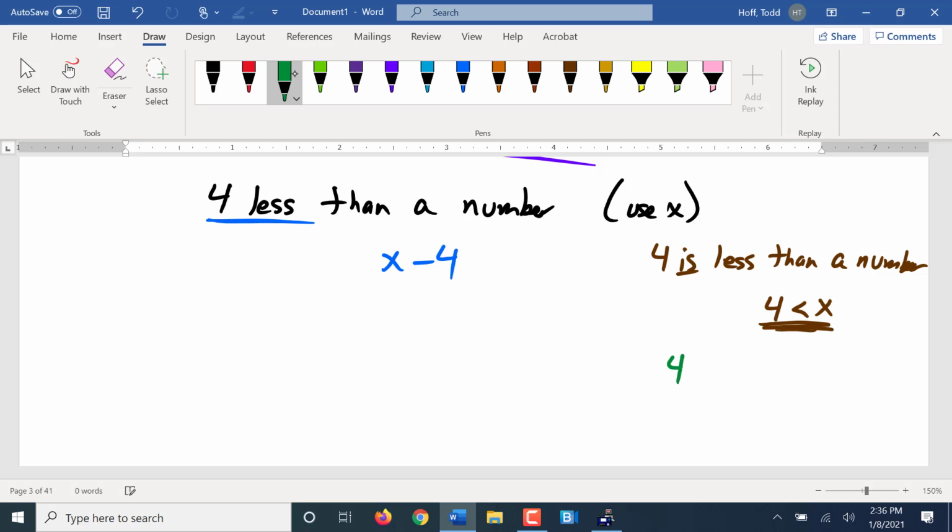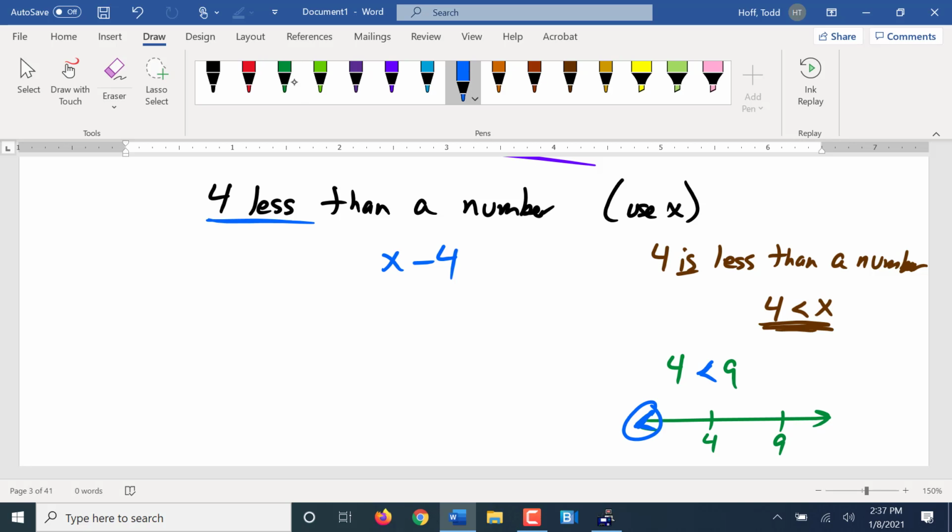Like if I asked you to compare 4 and 9, how do you remember what symbol that is? Well, yeah, the alligator eats the bigger number. Kind of. What it's really asking you to do is compare 4 and 9 on the number line. What side is the 4 on? It's on that side. Notice that's just the arrowhead from the less than symbol, just the arrowhead from that into the number line.